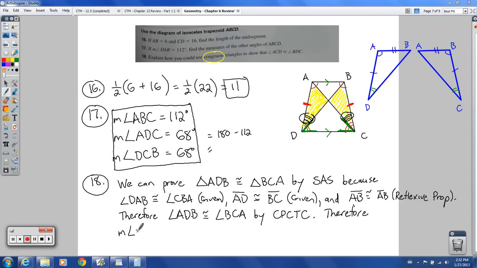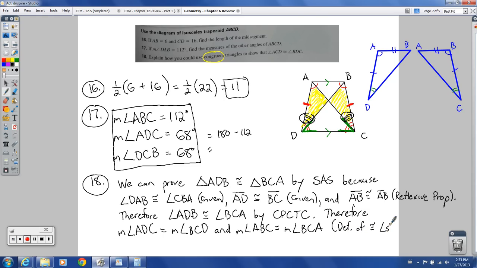I can say this, the measure of ADC equals the measure of angle BCD, and I can also say the measure of ADB, which is what I had right here, is equal to the measure of angle BCA. And these would both be by the definition of congruent angles. If they're congruent, they're equal in measure.